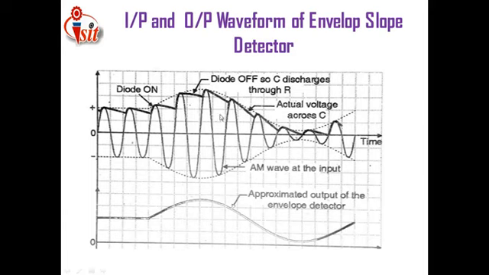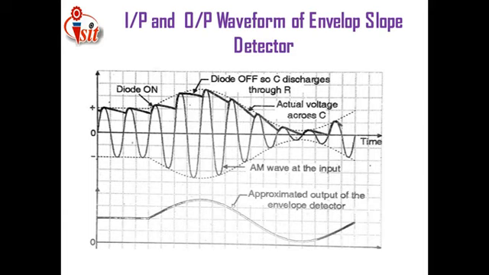If we apply this input to the detector, that is the envelope detector, from that envelope detector we get this signal as an output, and that signal is nothing but a sine wave. But this sine wave is approximate in nature, because this type of modulation is related to analog communication.